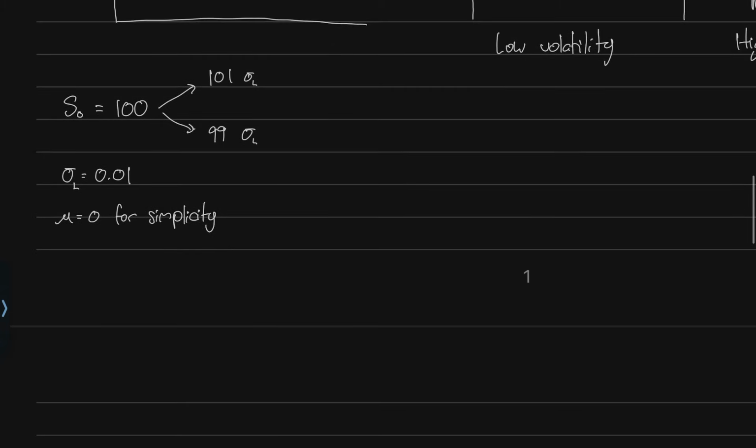In another case, I could have my volatility high being 0.05. So this could go all the way up to 105 if I'm considering a high volatility stock, or it can go down to 95, again, if I'm considering the same high volatility stock.